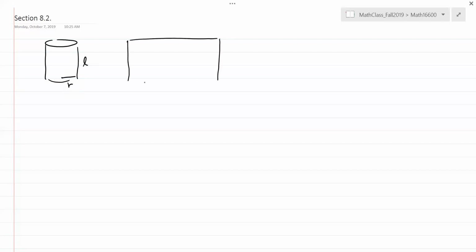So it's easy to understand the formula. The surface area is 2 pi r times L, where 2 pi r is the length of the rectangle, which is the circumference of the circle.